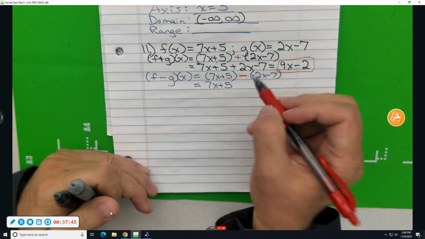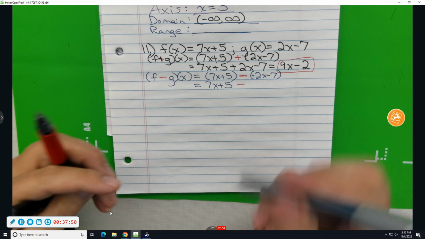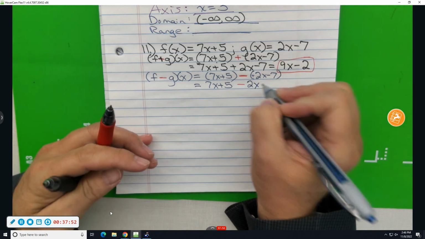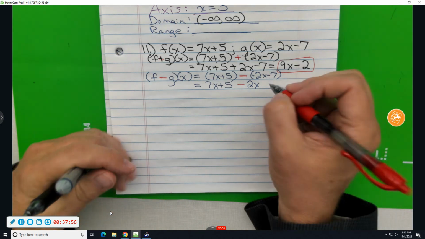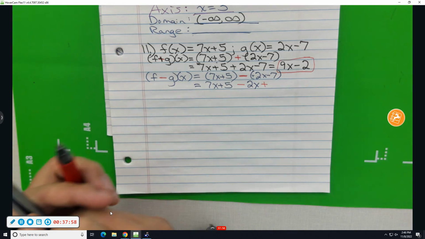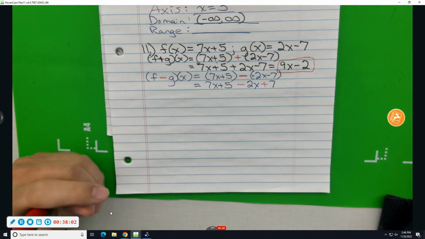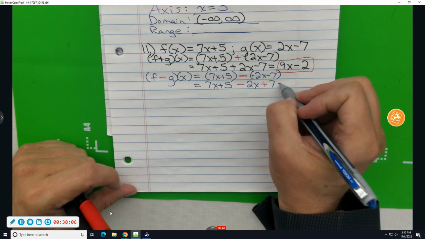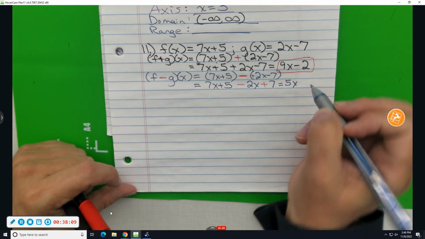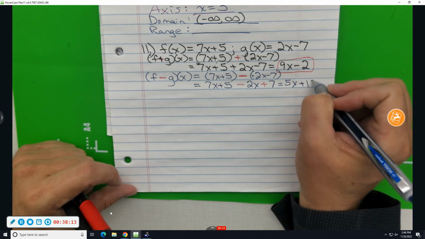It's going to change that plus 2x to a minus 2x, distributing the negative 1, and that minus 7 is going to become a plus 7. For a final answer of 7x minus 2x, that's 5x. 5 plus 7 gives me a plus 12.